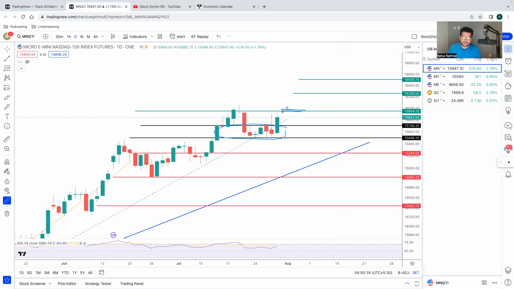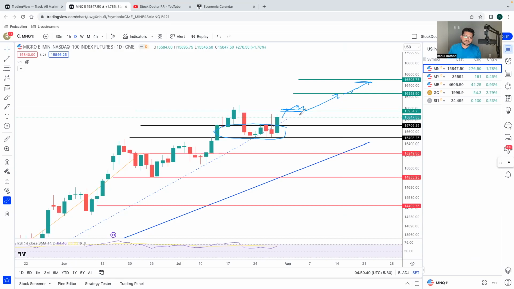If it starts managing above this area, then definitely 16,250 and 16,500 is quite possible. You can see that in a few sessions, 16,250 and 16,500.